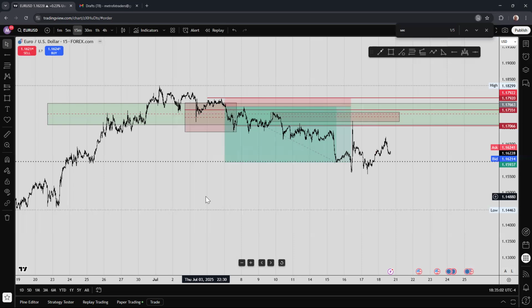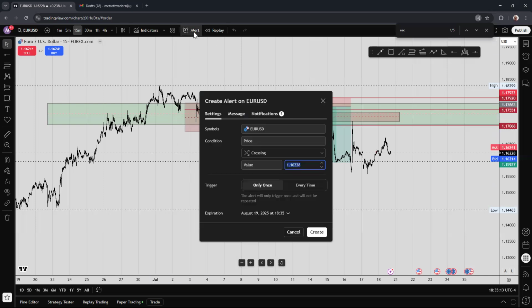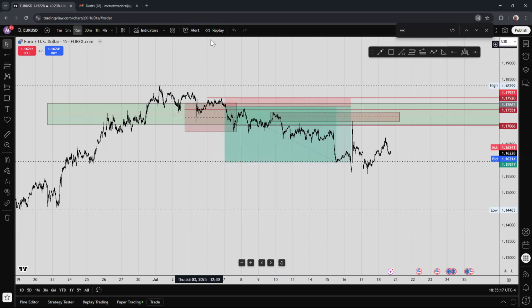It's important to come to the charts when the markets close and simulate trading activity. So, for example, if you're a paid member of TradingView, you could simulate the whole entire thing.